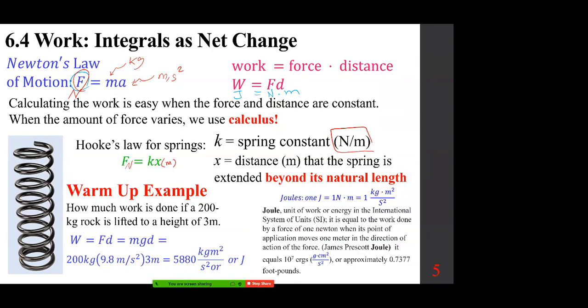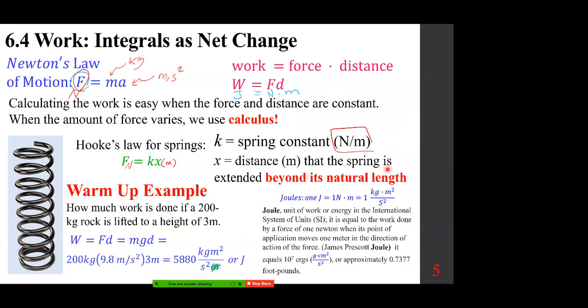So the formulas follow. And so therefore, we are saying that in the SI system, 1 joule is the same as 1 Newton times 1 meter.